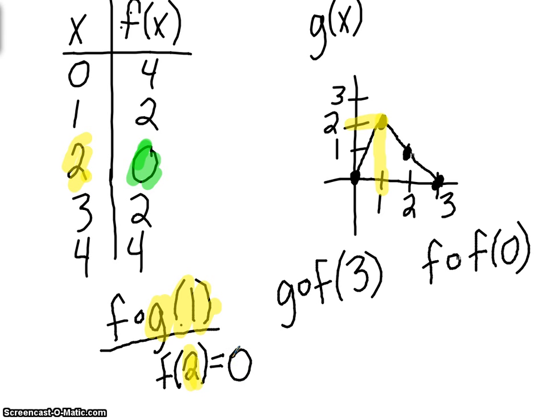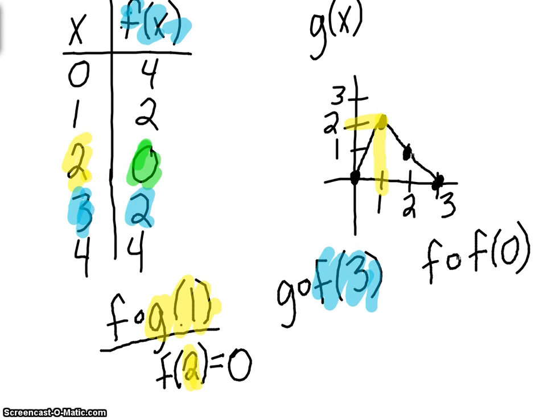Our next value says g of f of 3. On this problem, I'm going to start off by finding f of 3. I'm looking at my f table here, and I find x is 3. If x is 3, f of 3 would be 2.